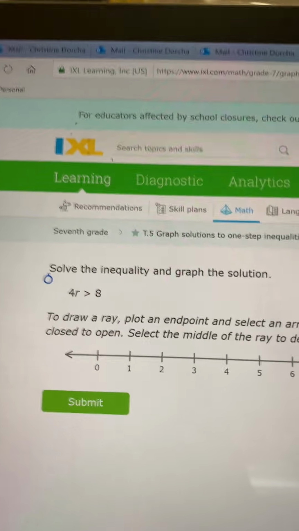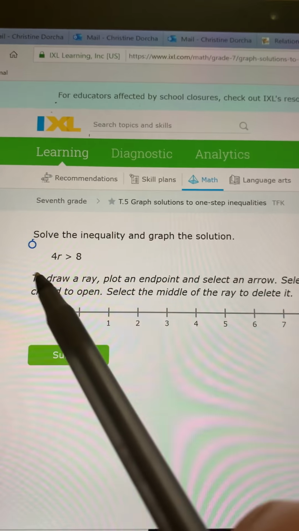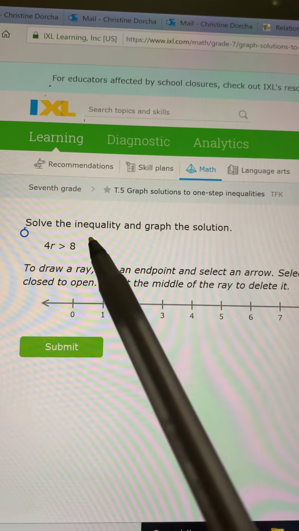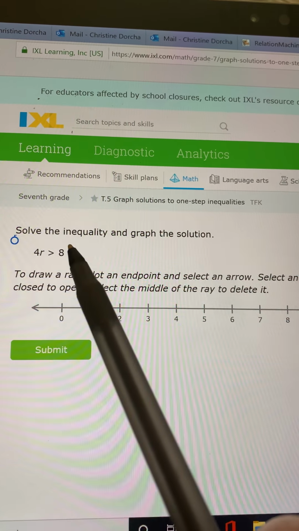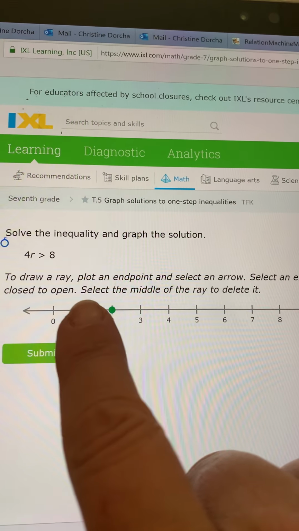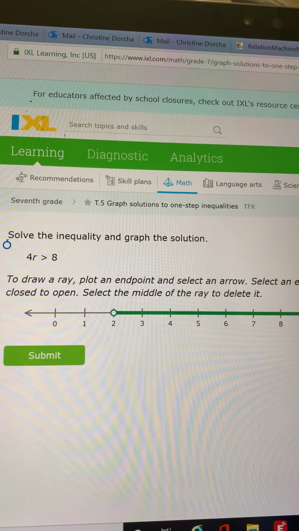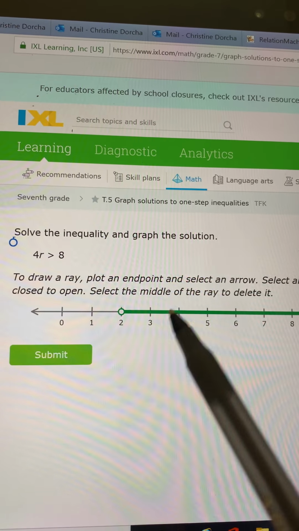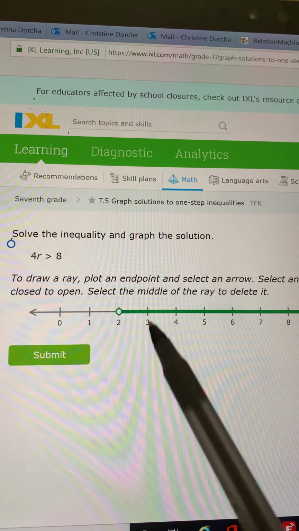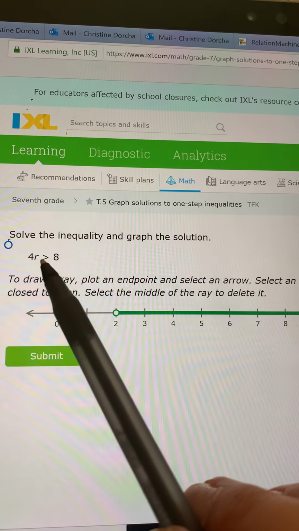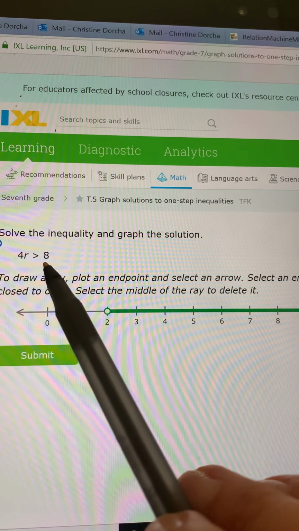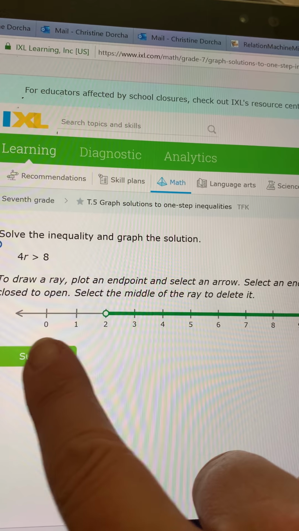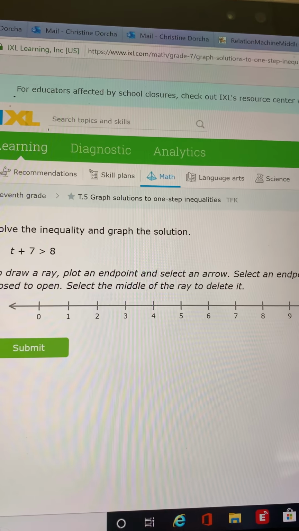So we're going to continue to do this, and hopefully you can see in this case, we would divide both sides by 4, which would make this r is greater than 2, and that's exclusive. So we would end up going all the way to the right. And you can always test a point. Like if I put 3 in here at r, 12 would be greater than 8. If I put 0 in here, 0 is not greater than 8.